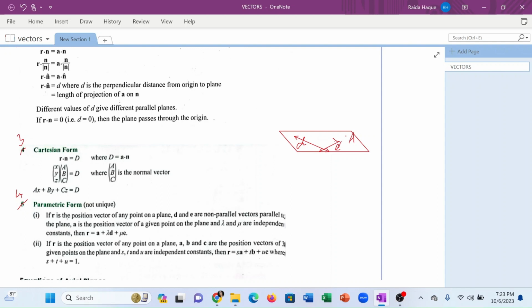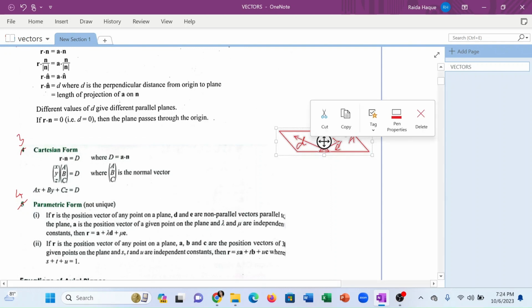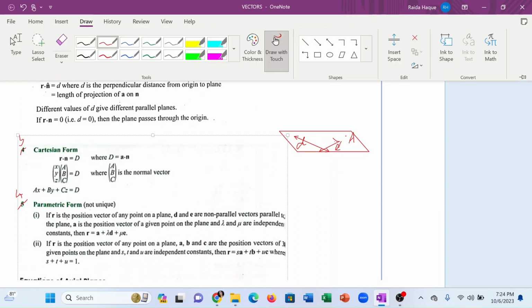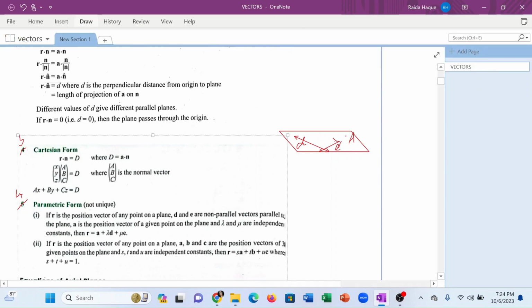So this can be our point A. However, this point can also lie on one of these lines, right? So it can lie on the line with the direction vector d, or it can lie on the line with the direction vector e. Then what happens is that the equation of a plane will be r.